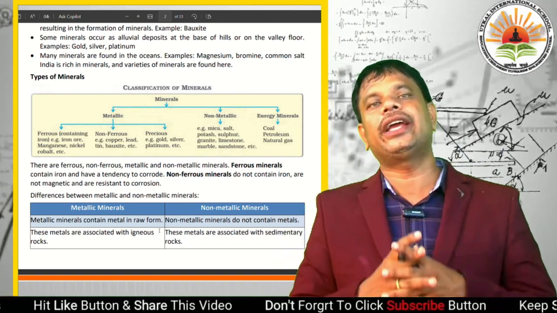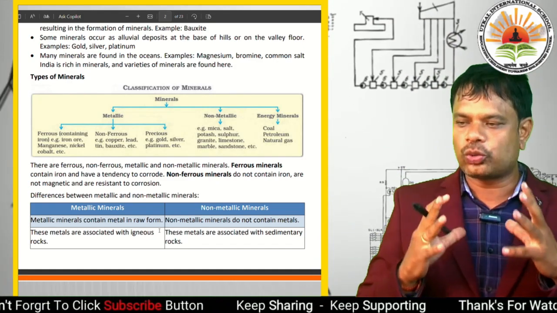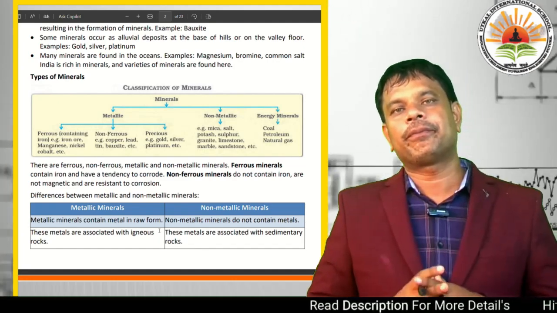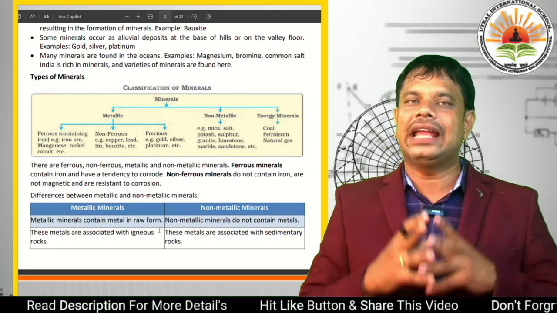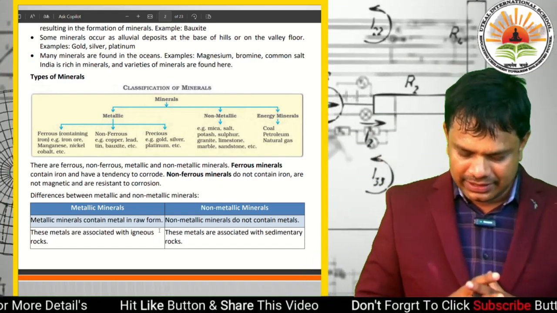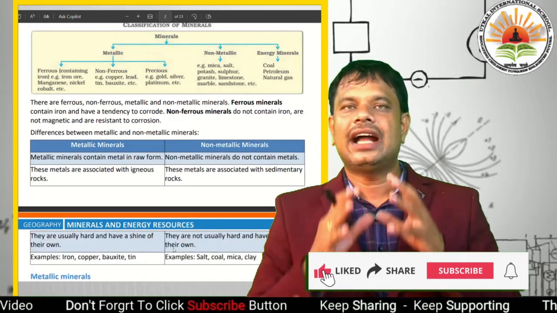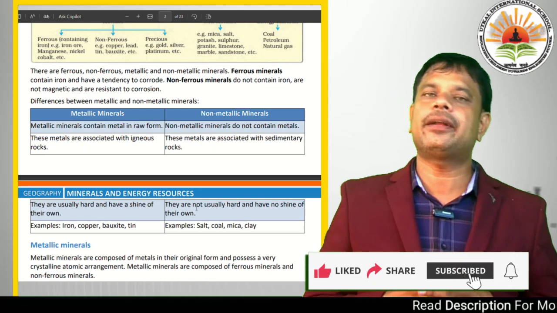And if we go to the energy minerals, coal, petroleum and natural gas are the examples of energy minerals. So dear students, there are ferrous and non-ferrous metallic and non-metallic minerals.